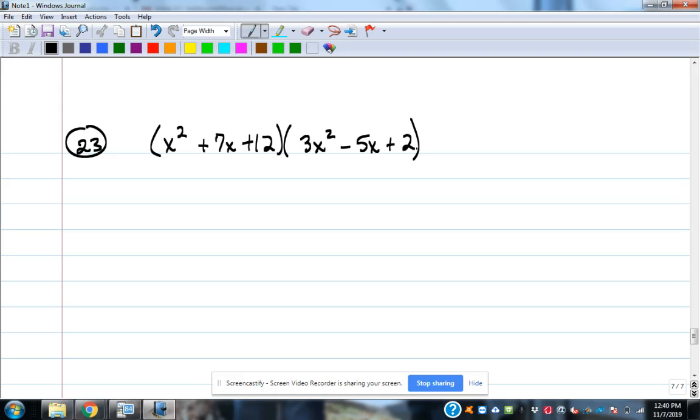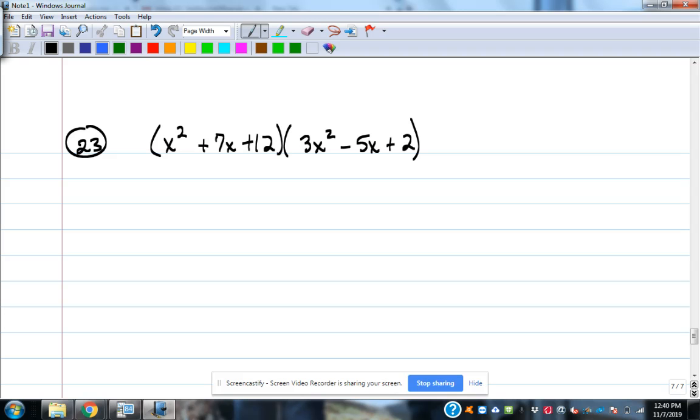So the degree of our answer will be what? 4. Thinking about degrees, if I multiply something that has a degree 2 times something else that has a degree 2, the final answer should have a degree of 4. That can help you later on.